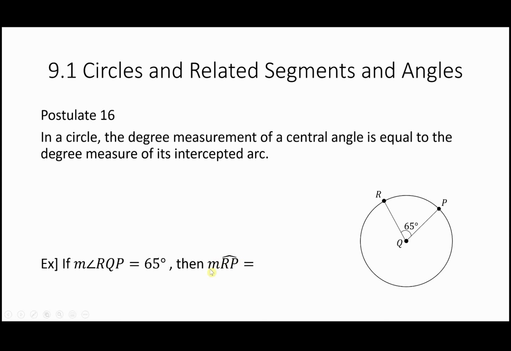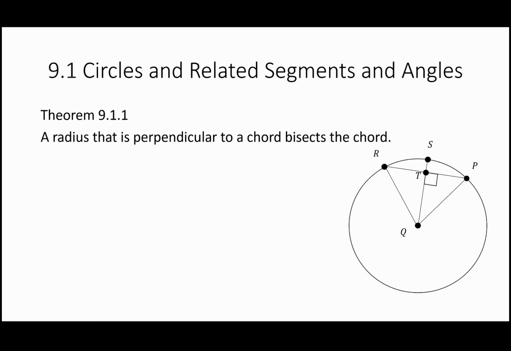Yes, so we're going to use the same lowercase m as the little prefix to say measure of, and then arc RP is going to have its measure, and what will it be? Well, it'll be the same measure as the central angle that it encompasses, okay? Great. So that's the relationship between central angles and intercepted arcs. Then we're going to talk about inscribed angles a little later and their relationship to their arcs. But for now, let's go ahead and tackle the very first theorem in this section.